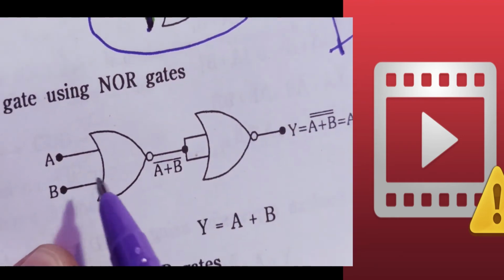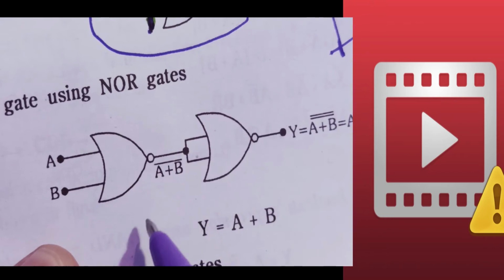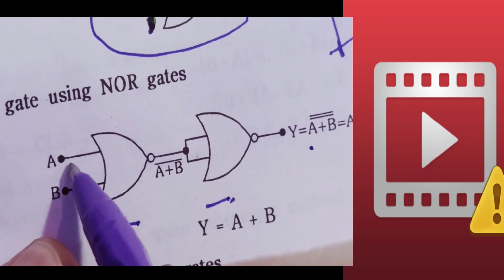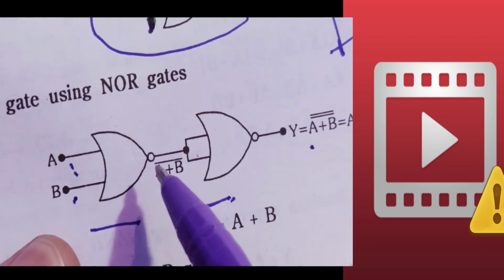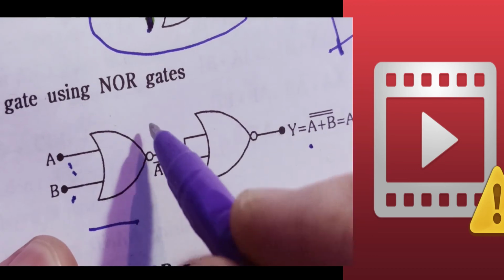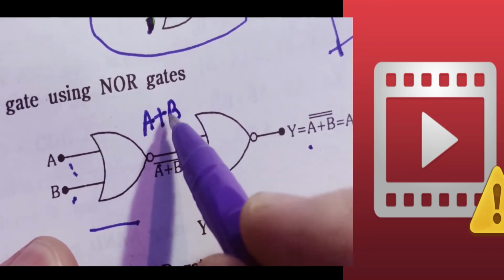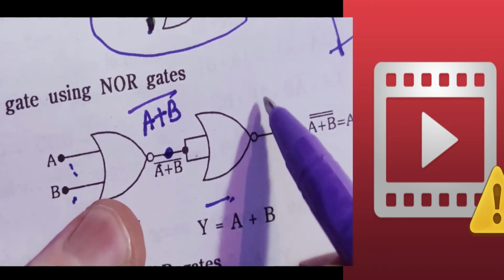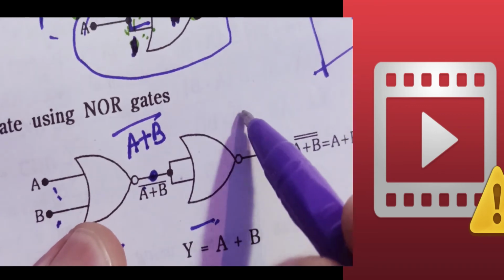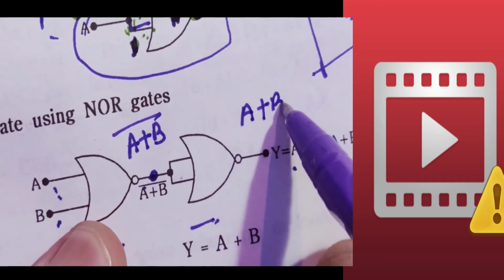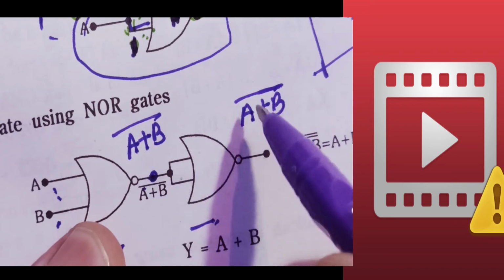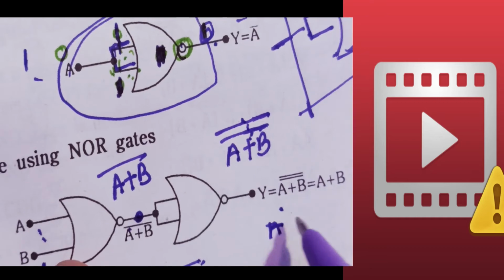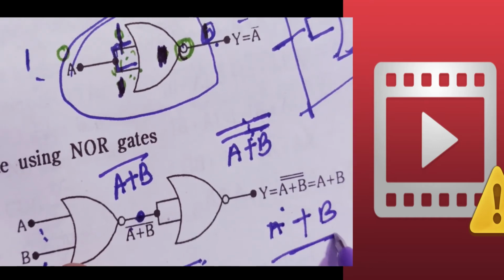Now, here I am using NOR gates again, 1 and 2. What about the output here? A, B into the NOR gate becomes A or B, NOR. This is a NOR gate here. Then this is basically a NOT gate, so it becomes A plus B, and this is again a NOT gate, giving A plus B double bar. The 2 bars cancel, and the result becomes A plus B, an OR gate.